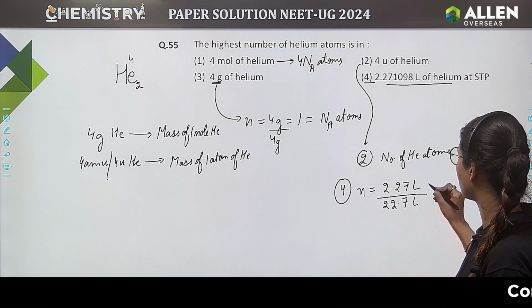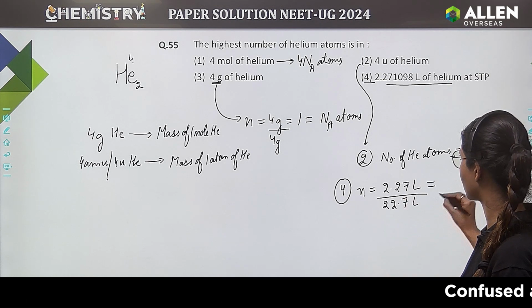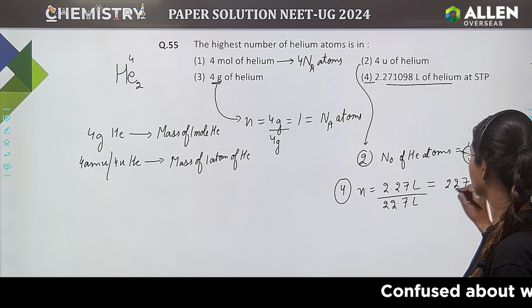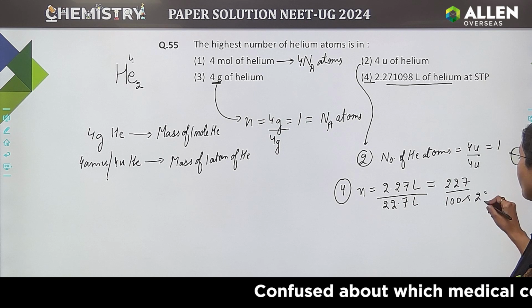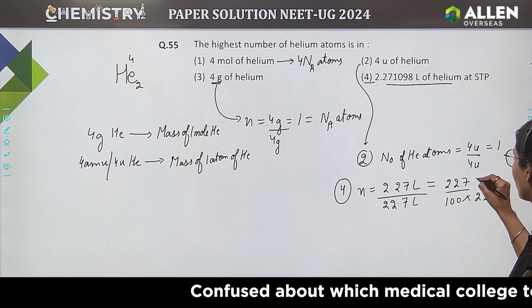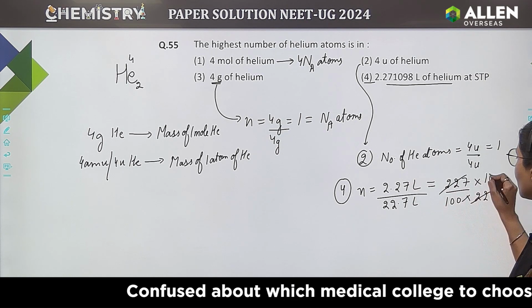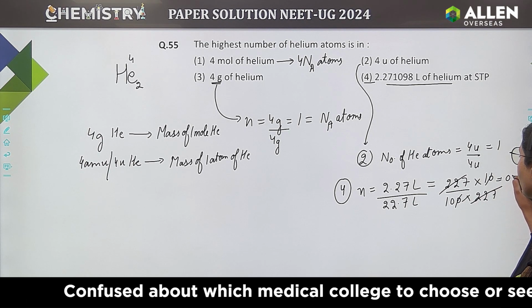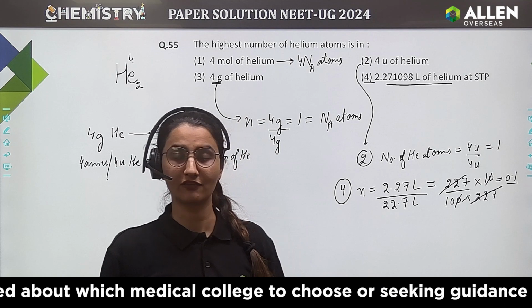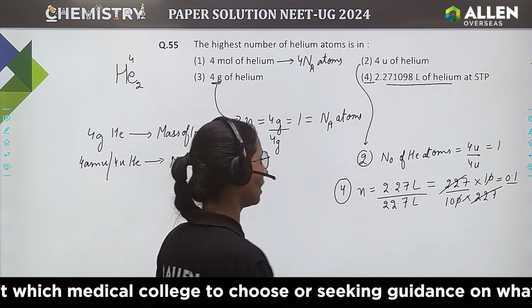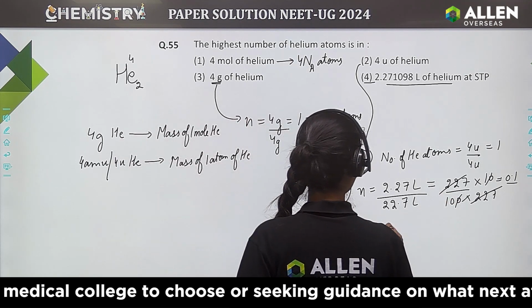So if you solve this, how many moles do I get? 2.27 over 22.7. You can simplify like this, very basic maths I'm doing. 227, you can write 1 decimal, no? You'll put 1 and 10, correct? So 0, 0 cancel. We get 0.1 mole.